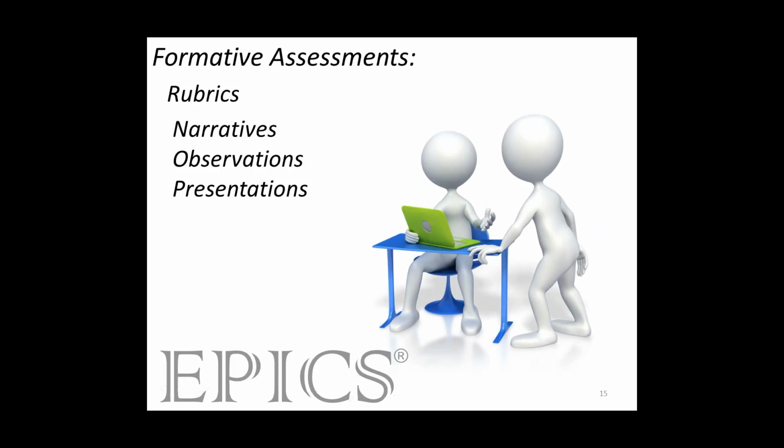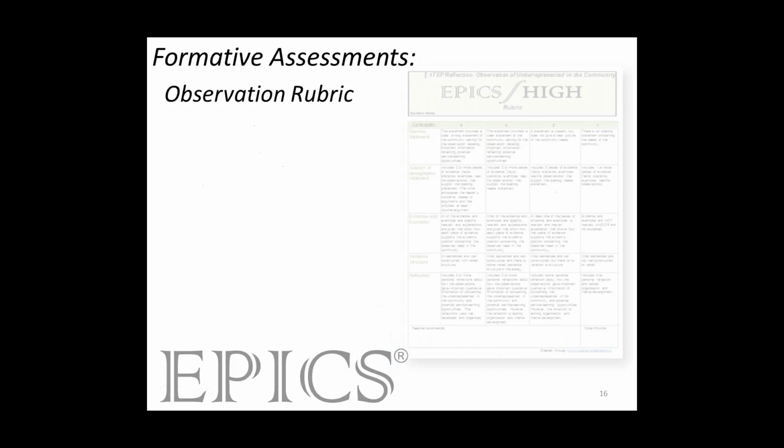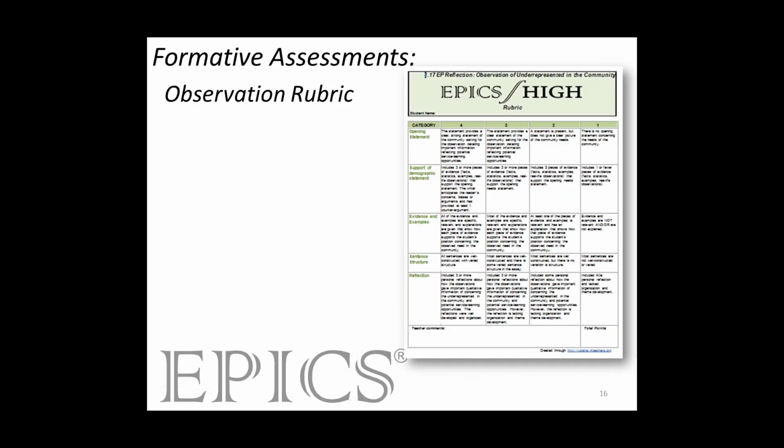And I think formative assessments, the rubrics, the narratives, observations, and presentations. This is a document, again, that is editable, and it was created on Rubistar, where it has the statements about the reflections of their observations of the community, and they write up a narrative about their community. This could be used as an English language arts grade.